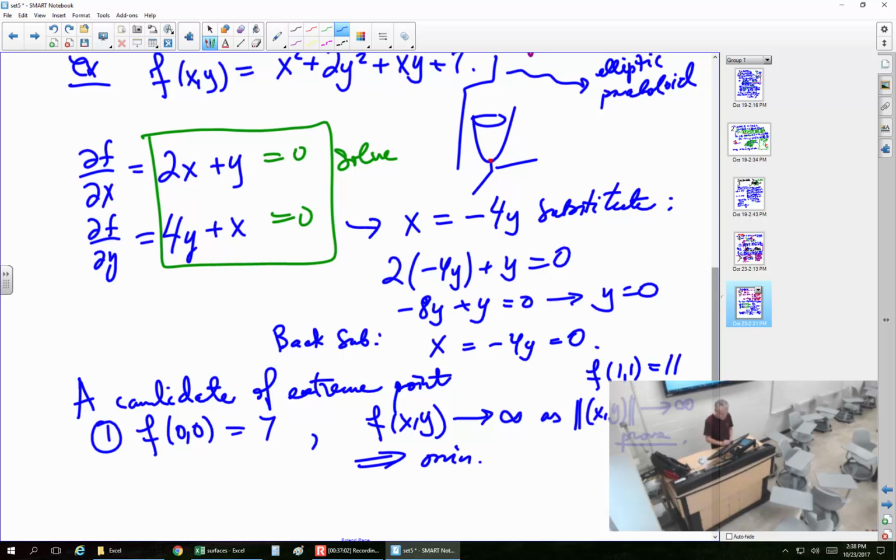Another way to figure out what kind of extreme point it is from calculus 1 was what? Classify extreme points. Second derivative.